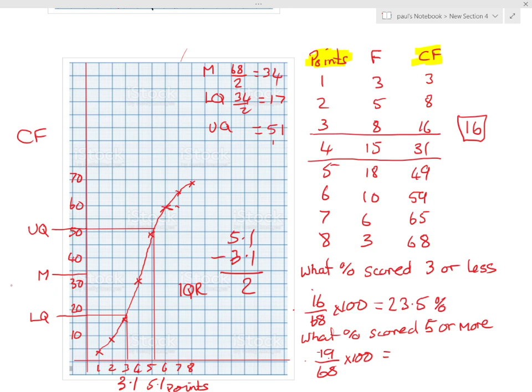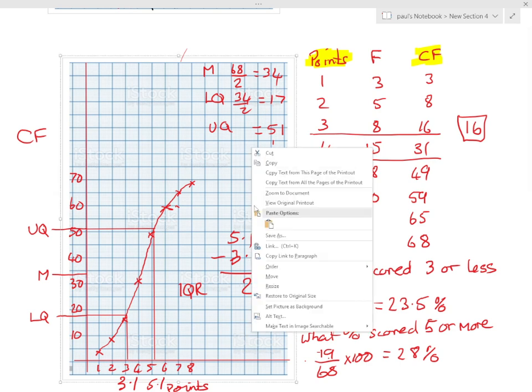This will make a difference when we're doing grouped data. 19 divided by 68 times 100 is 28%. So 28%. There we go. So that's 2 goes at discrete data.